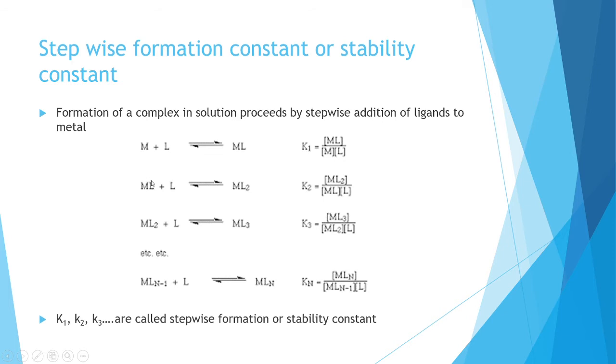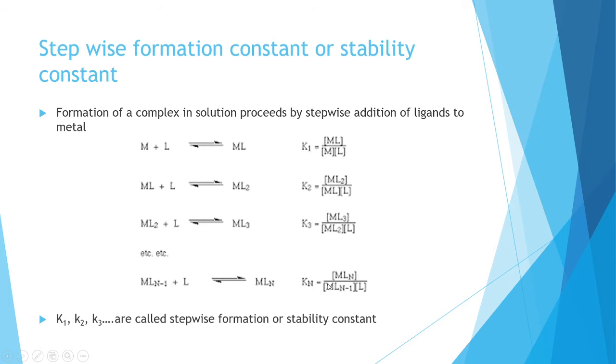In the next step, to this product ML we add a second ligand, and the product we get is ML2. So the formation constant K2 equals the concentration of ML2 divided by the concentration of ML times L. If we add one more ligand, ML2 plus L gives ML3, and so on. ML(n-1) plus L gives MLn.